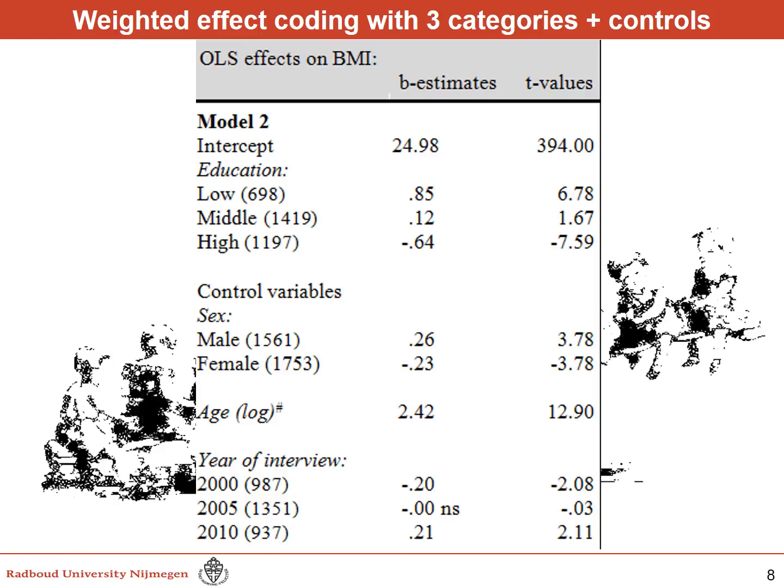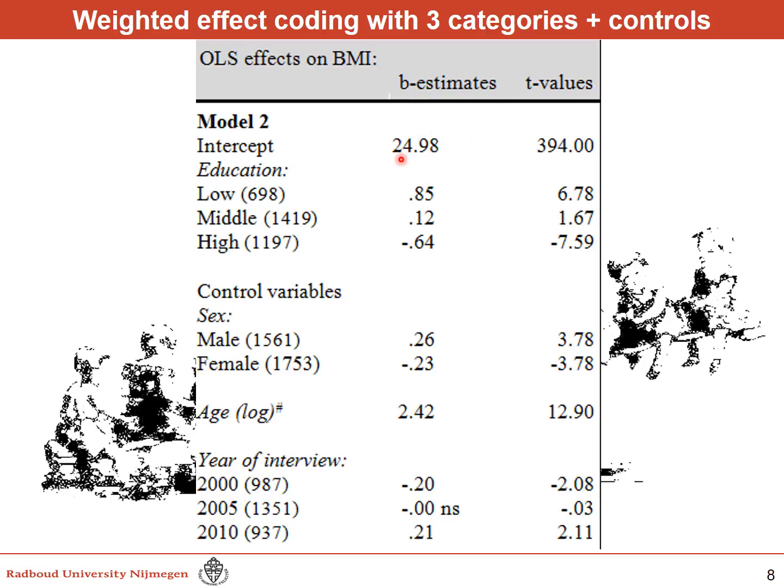Okay, of course, we can expand our model, and we can use some control variables, like males and females included. We can include age, and maybe we like to include some other variables as well. That's no problem for weighted effect coding. As you can see, you can put in as many controls as you like.